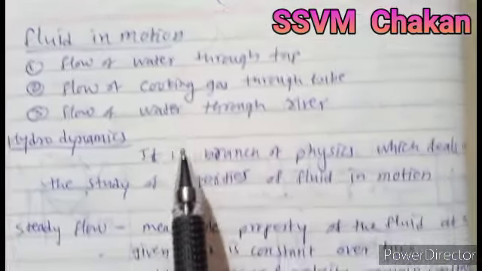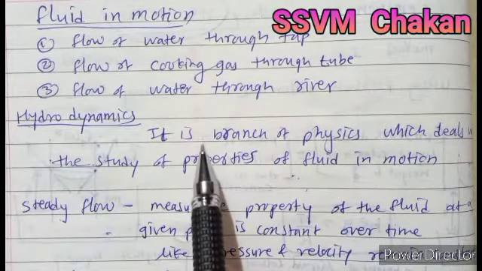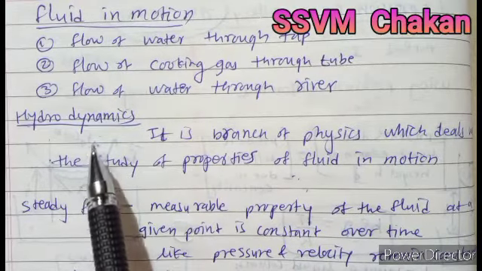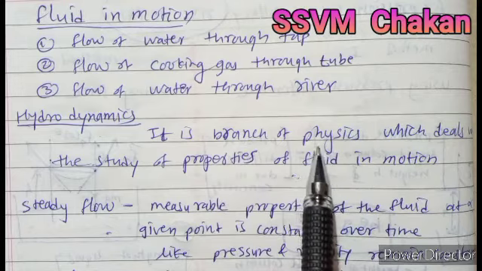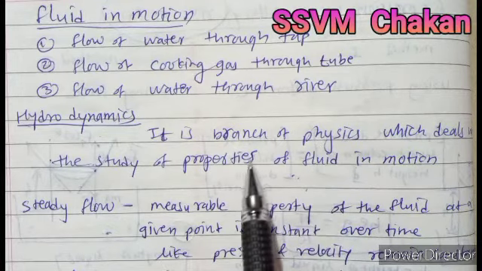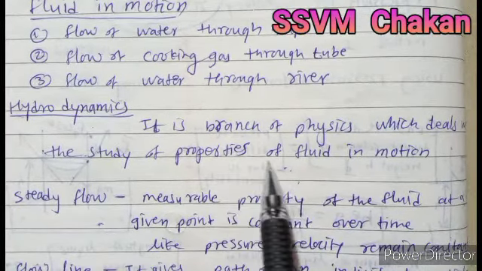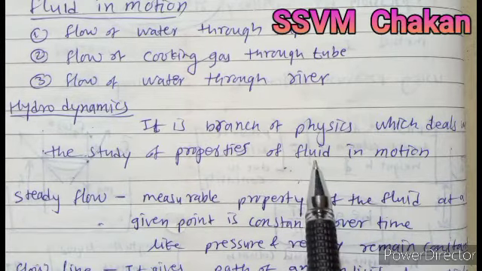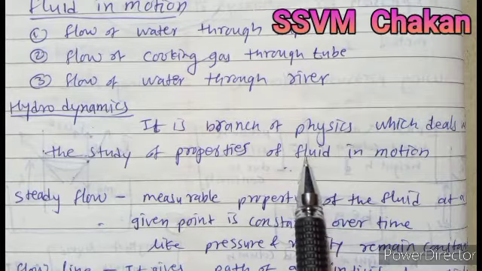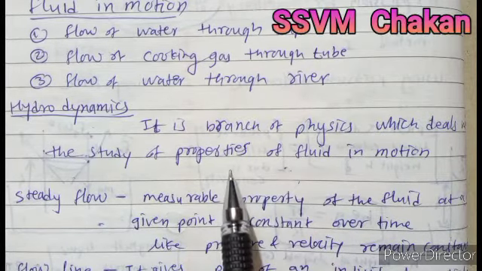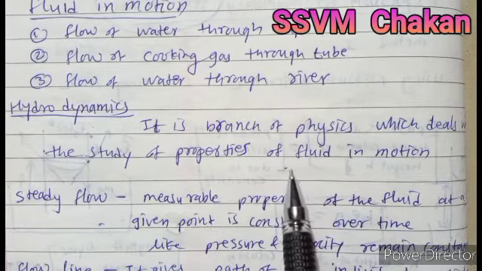Which are the different points related to the motion of fluid? First, hydrodynamics. It is a branch of physics which deals with the study of properties of a fluid in motion. So it is one branch of physics where we study the properties of fluid.